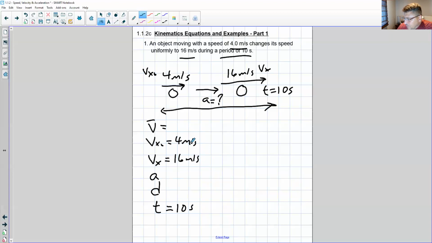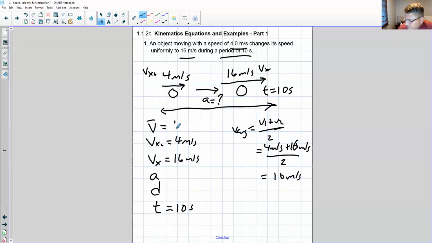So 4 meters per second plus 16 meters per second over 2, which is 20 over 2, or 10 meters per second.